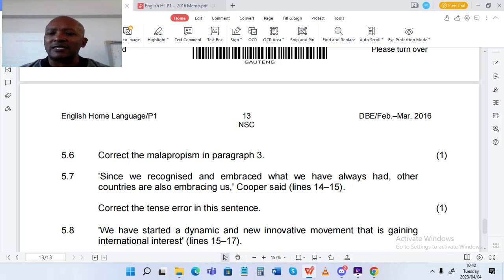They are embracing with us. Other countries have also embraced us. We could do that. I'm just trying to figure out what it is. Other countries were also embraced? No, I don't think it's that one.